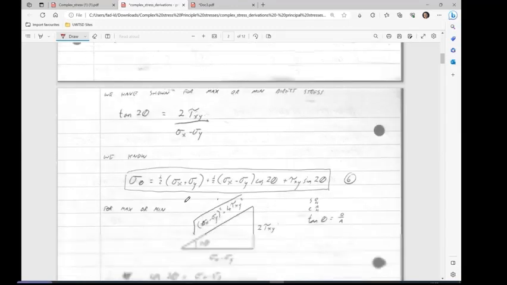Now we know for the stress anywhere, so this is equation 6 from the last video, sigma theta, which tells me the stress at any angle. What we're going to do now is say, well, we don't want to know the stress anywhere, we want to know what is the maximum stress or the minimum stress, what are the principal stresses.